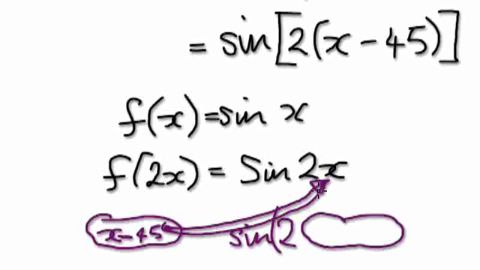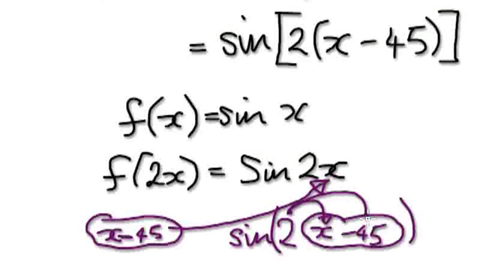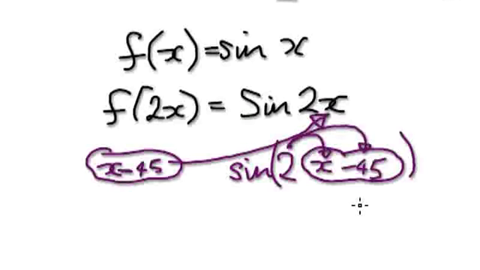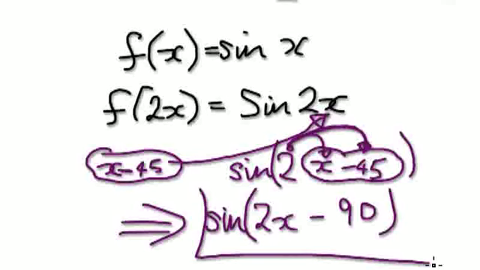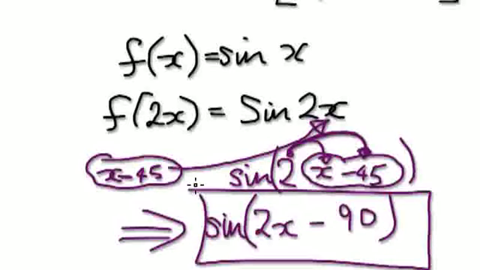Remember, we are putting this bubble into the x, so it will be x minus 45. So here this times this, and then this times this, and when you do that, sine 2 of x minus, now 2 times 45 is 90. So you see this here does give a good representation of what we are trying to understand.